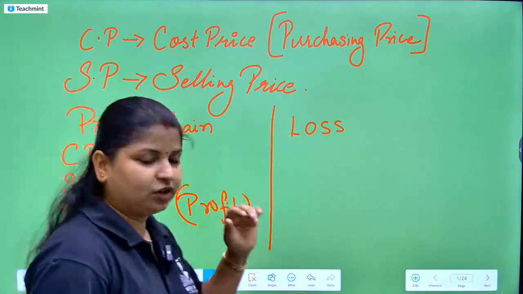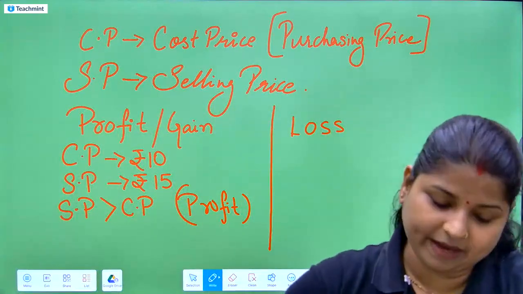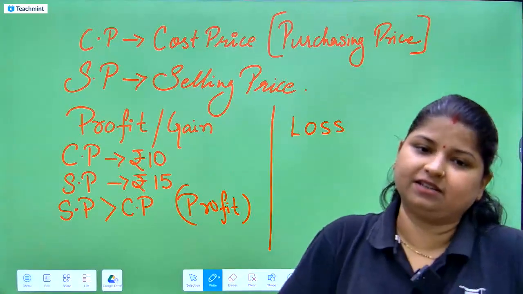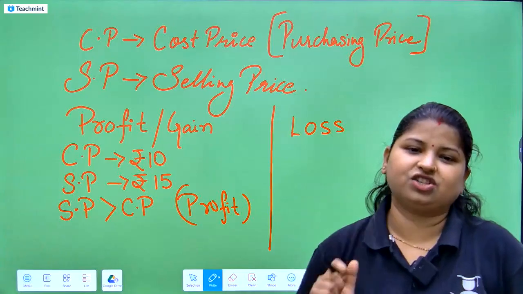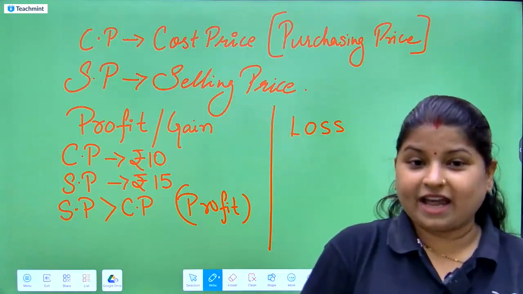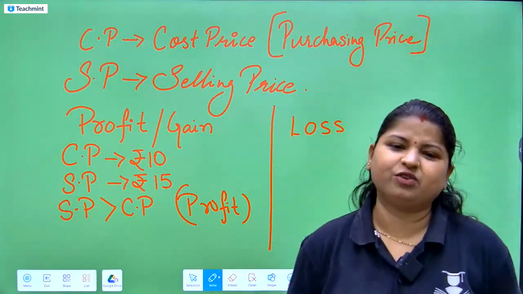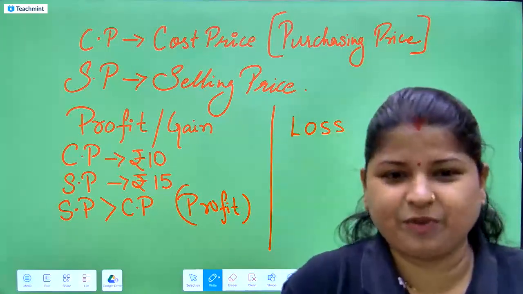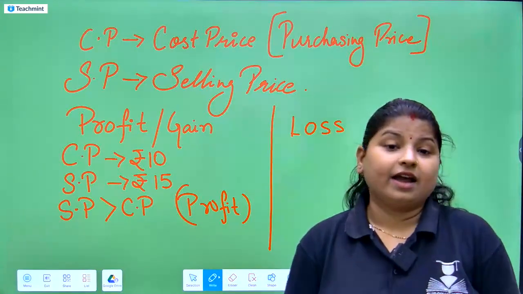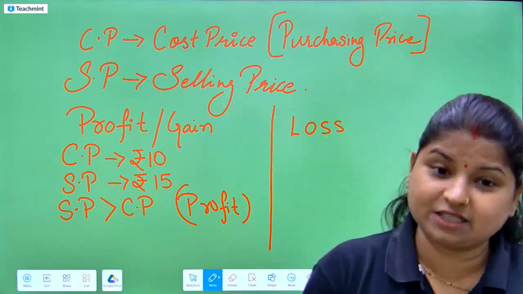And if I talk about loss, suppose you took that 10 rupees pen and your best friend said, Ajish, can I take this pen? So you would say, yes, you can, but I bought it in 10 rupees. So he will say, but I don't have 10 rupees, Ajish. I have only 8 rupees. So Ajish, because he's his best friend, said, okay, no issues, give me 8 rupees and take this pen.